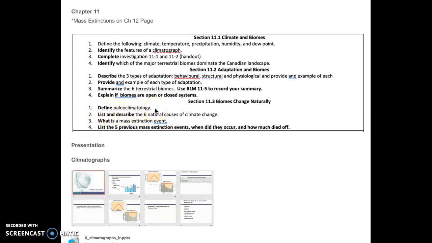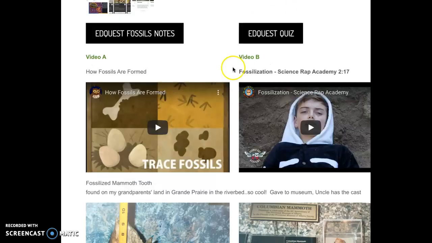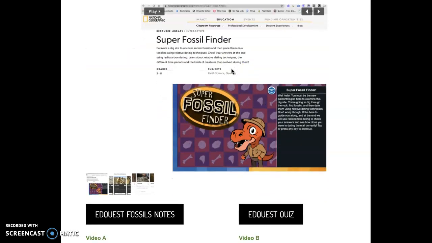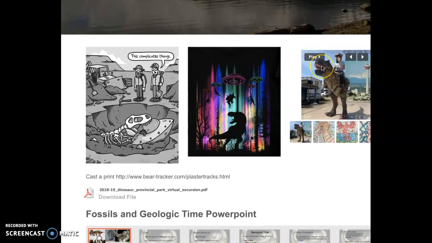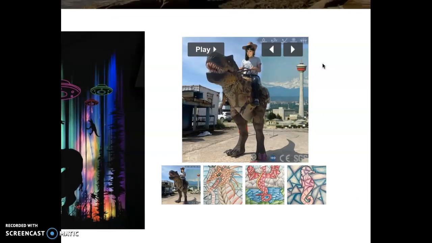Paleoclimatology. I'm just going to jump over to that one and describe it quickly. Paleo means old. Anytime you see the word paleo, paleontologist, paleontology, usually your first reflex is, that's right, fossils, dinosaurs. That's what people think about first when they think of dinosaurs, right? So here's me being a paleontologist. Just kidding.